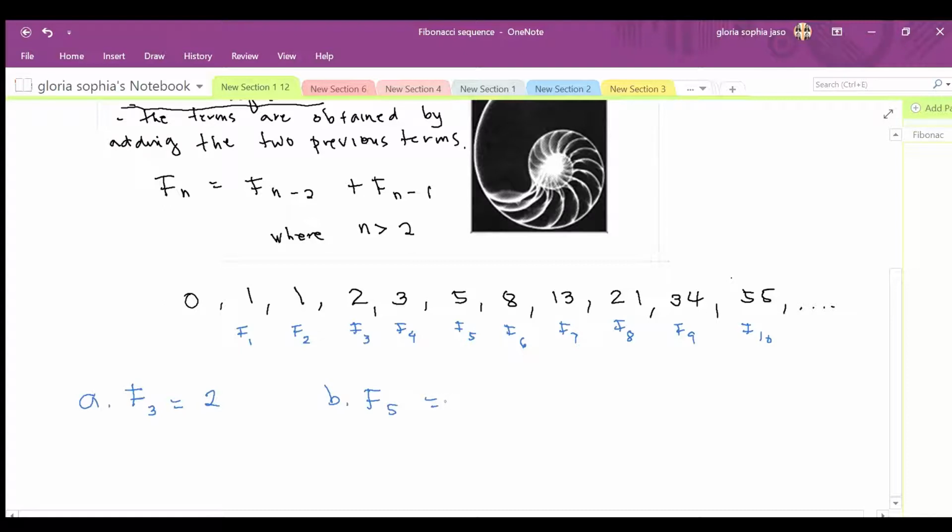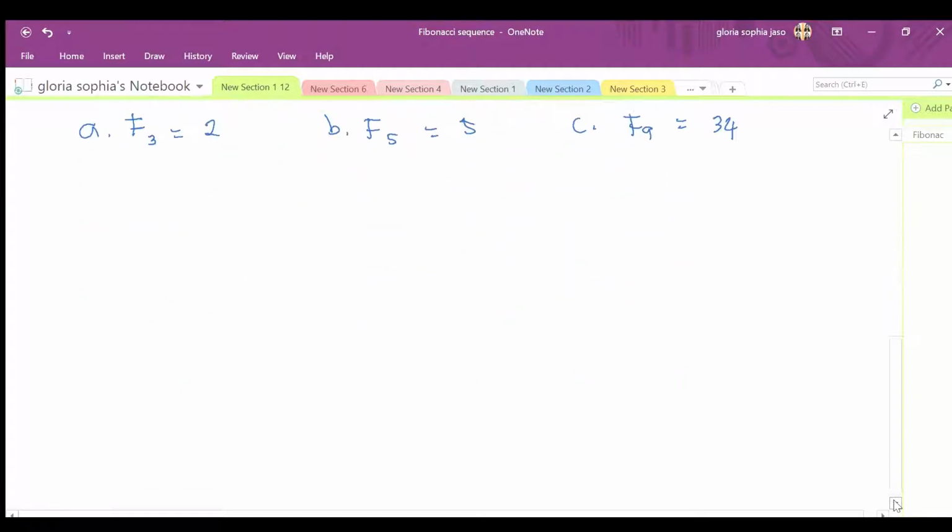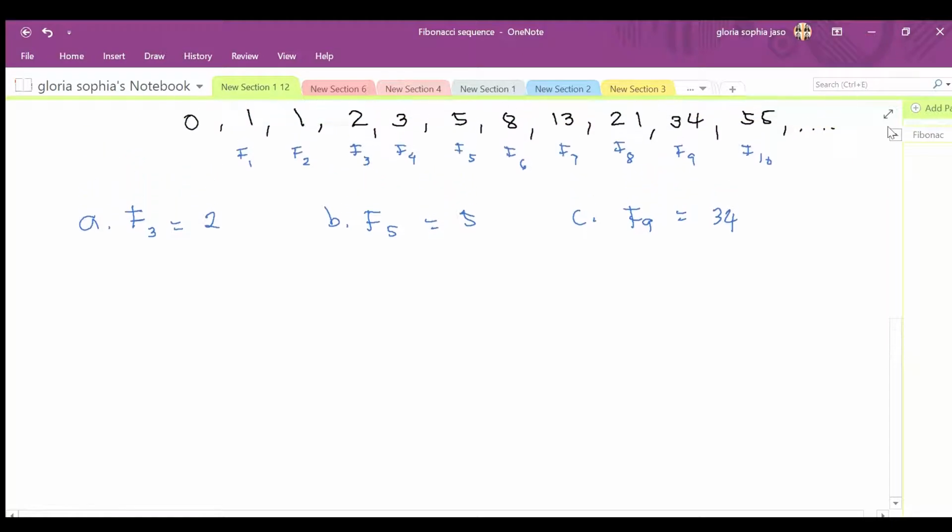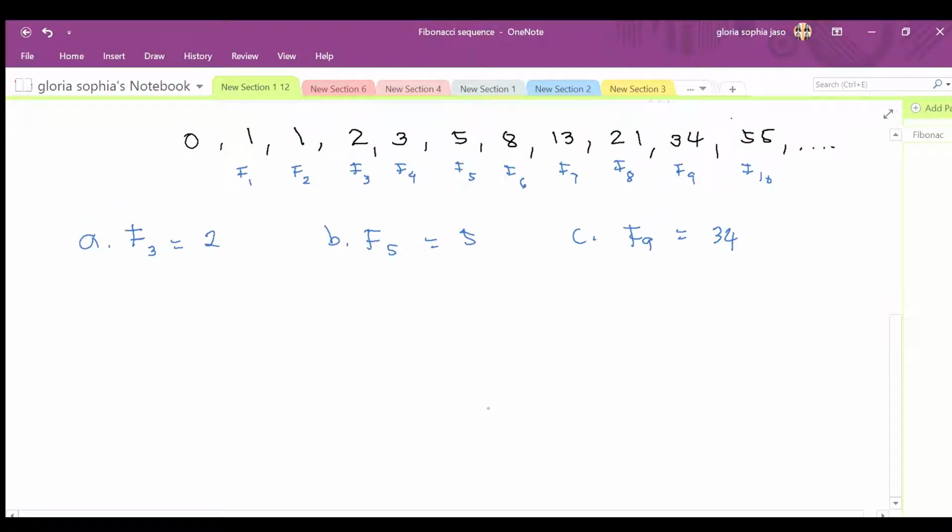F of 5 is 5. Another example, what is f of 9? F sub 9 is 34. So it is very easy to find the next term when we already generated the terms in our sequence.